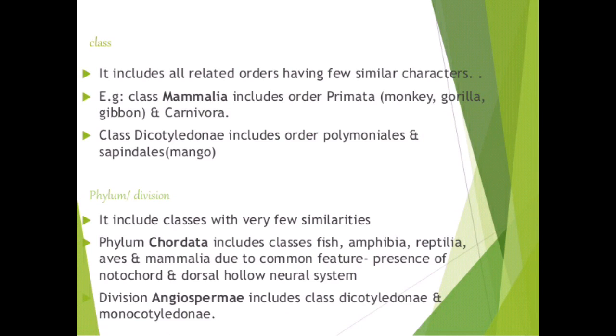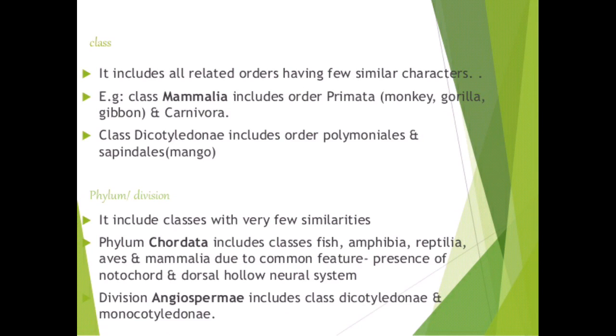Then division or phylum. It includes classes with very few similarities. Phylum Chordata includes classes fish, amphibia, reptilia, aves, and mammalia, due to the common features of presence of notochord and dorsal hollow neural system.